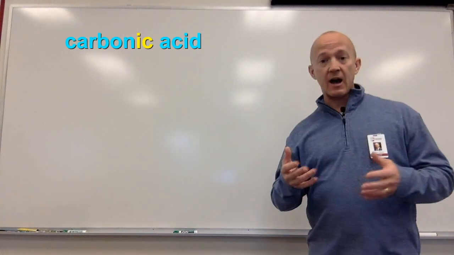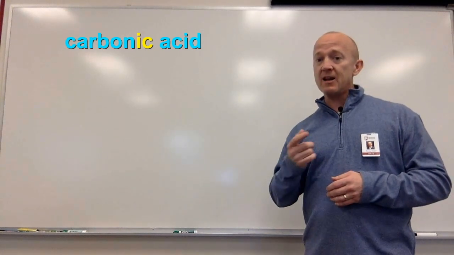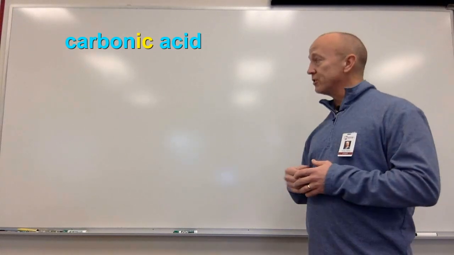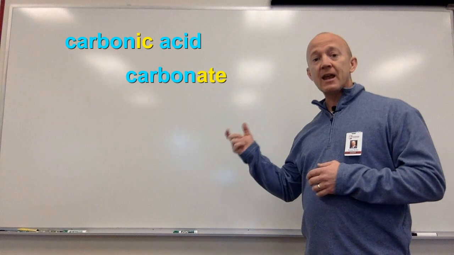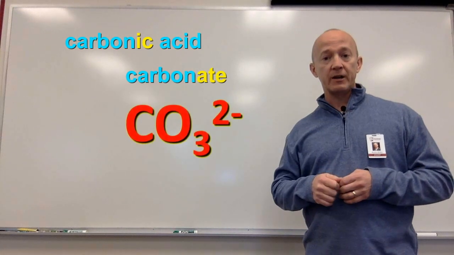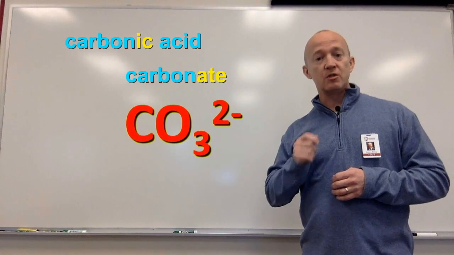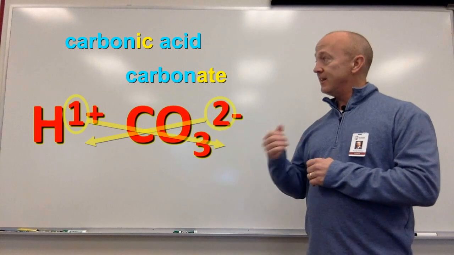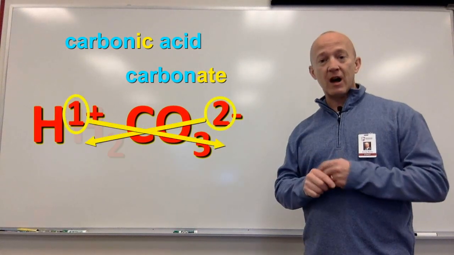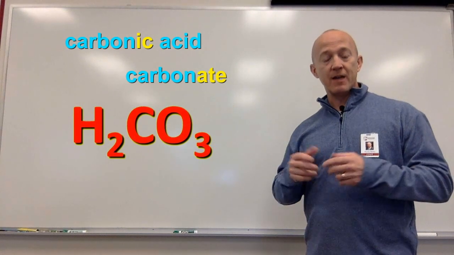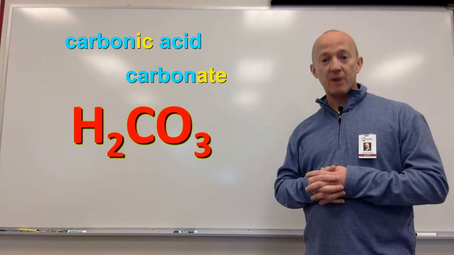This one ends in IC, which means that the anion must end in ATE. So therefore, we're going to look for the carbonate ion. The carbonate ion is CO3, and it has a -2 charge. So hydrogen plus 1, carbonate, -2, we swap and drop, and we get H2CO3. And that's the formula for carbonic acid.